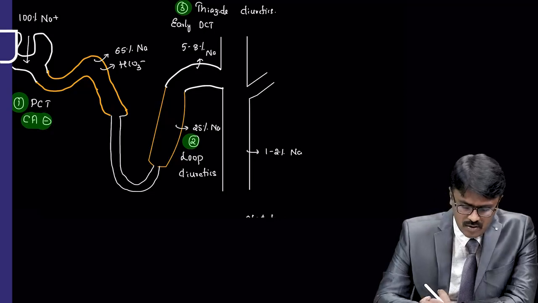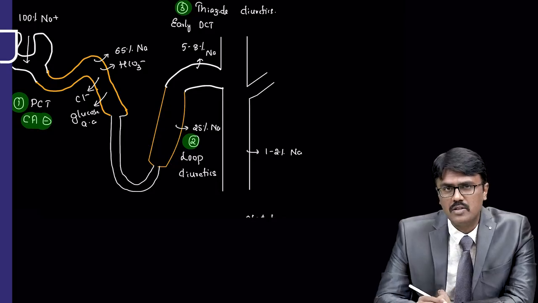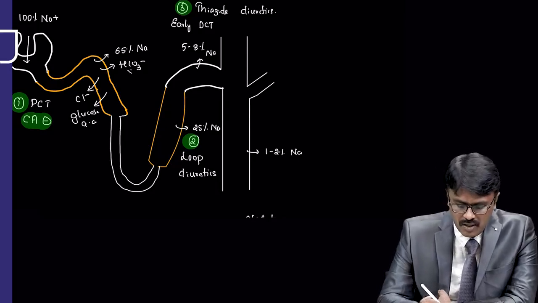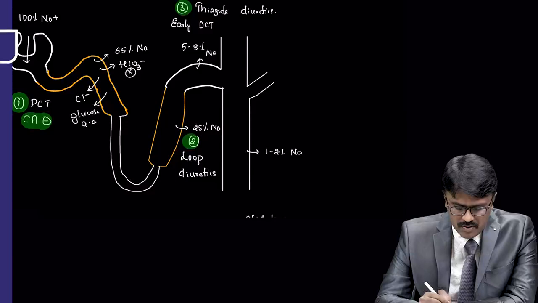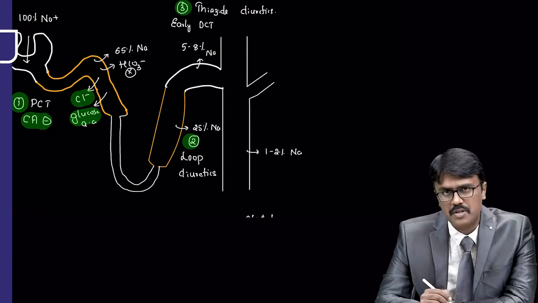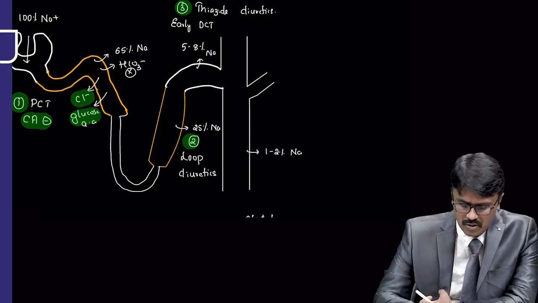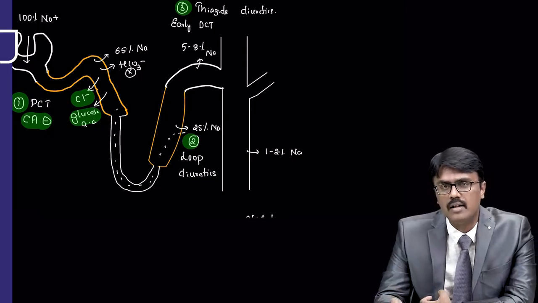Sodium is reabsorbed not only along with bicarbonate, but also along with chloride, glucose, and amino acids. So the sodium reabsorption continues along with chloride and glucose absorption. Even if you lose sodium when you use a carbonic anhydrase inhibitor, there is a chance that it gets reabsorbed back in the loop of Henle.